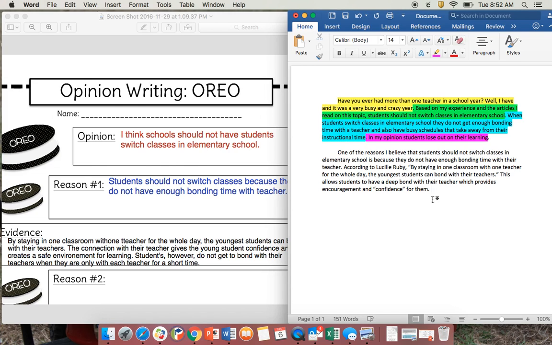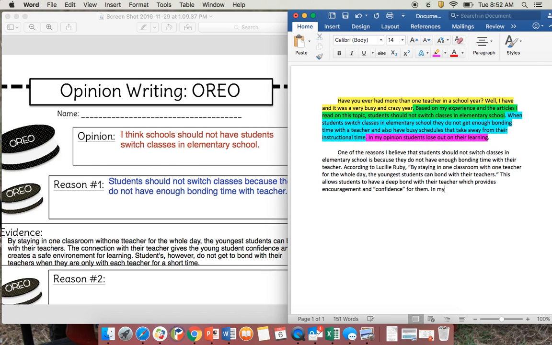So I've given my reason. I have given my pieces of evidence. Now I need to sum up in my own words why I think this is important. And this is where I can go back to my own experiences. I can explain that I missed out on having a bond with one teacher in elementary school because I had 6 teachers and I never got to bond with any of them because I was switching so much that I never got a real close bond. So I'm going to put that into some words that help support this.